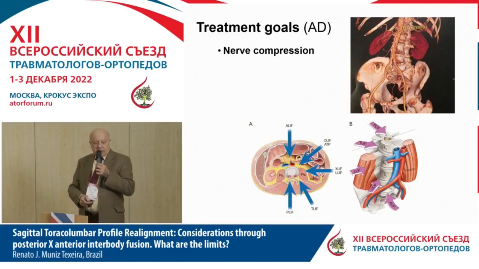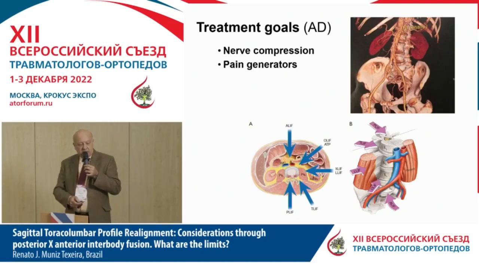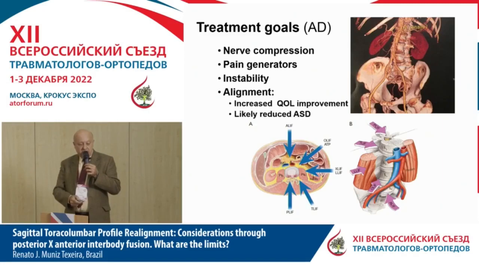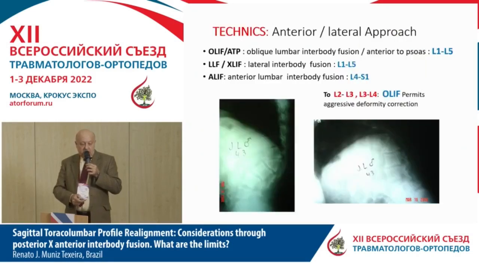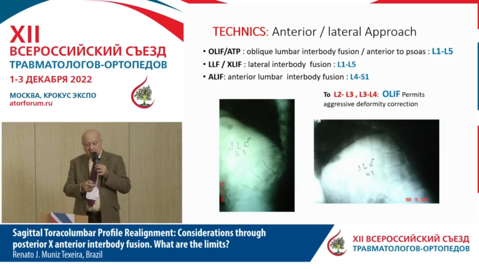The goals of the treatment, of course, are the same as in the posterior approach: nerve compression, pain generators, instability, and alignment. You see, in this case, we got a deformity, a traumatic deformity.